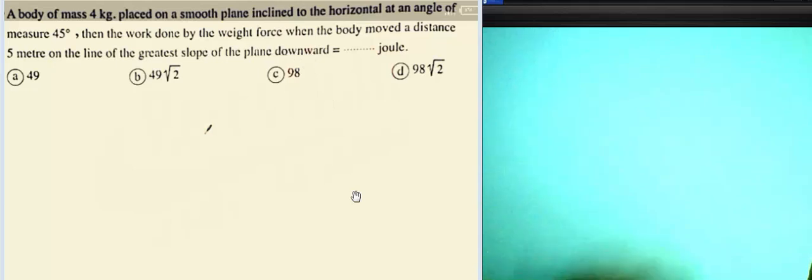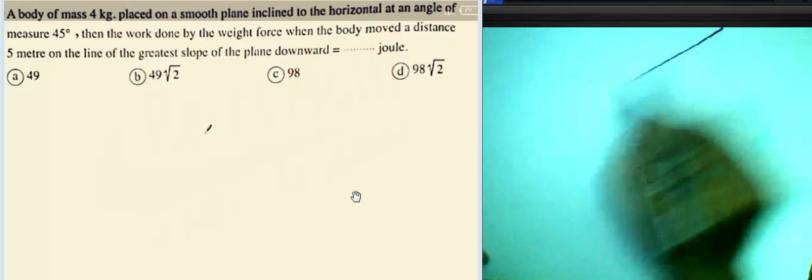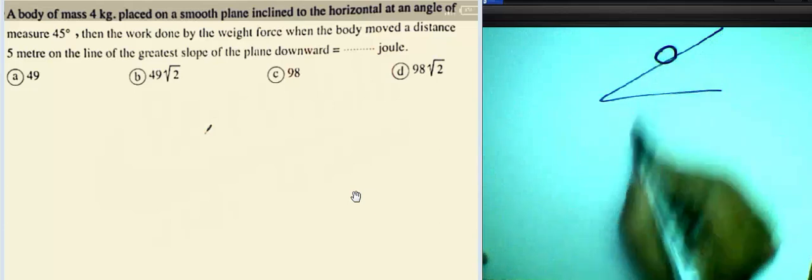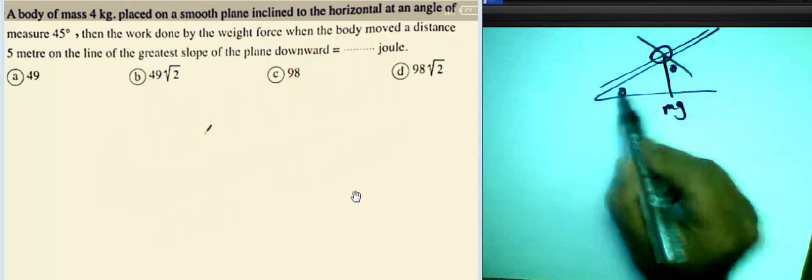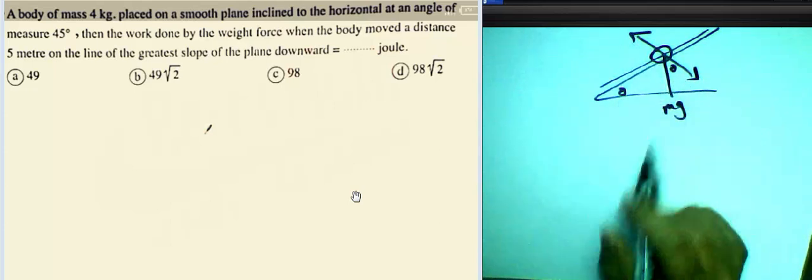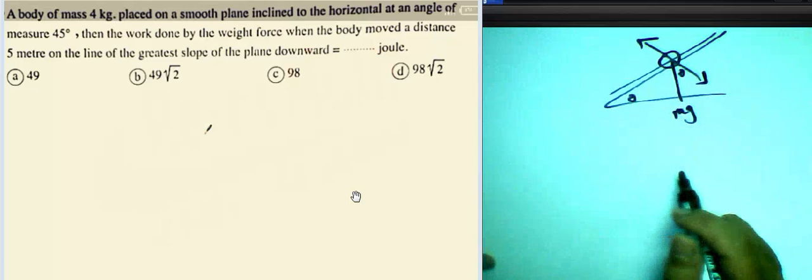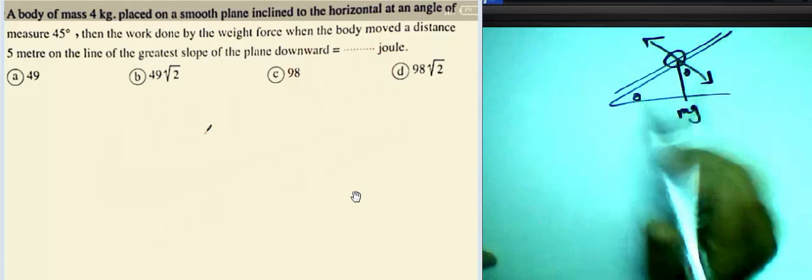Okay, we know the work equals the force multiplied by the displacement. The weight of the body here, we can factorize this weight mg with this angle theta. We can write here mg sine theta and here mg cosine theta.